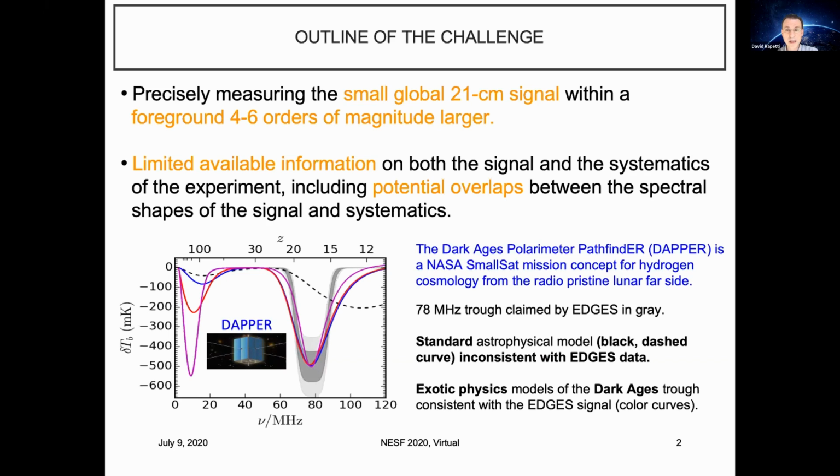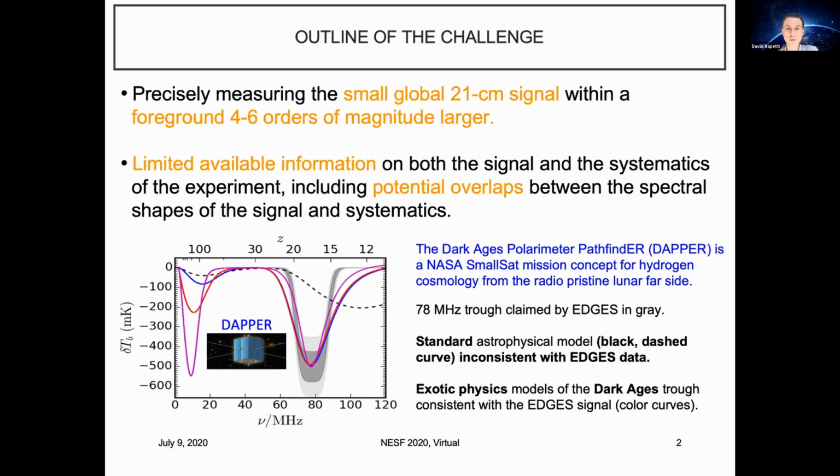And to do that in conjunction with the measurement of the dark ages trough that we can see in this plot at higher redshifts, which can offer us the possibility, as this plot shows, to break the degeneracy to investigate these astrophysical and cosmological origins for the dark ages, since there's no astrophysics yet, and then in combination with astrophysics in the cosmic dawn.